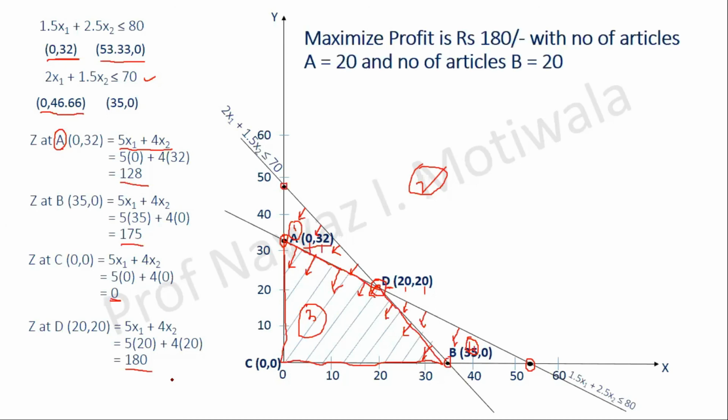My conclusion is that the maximum profit is rupees 180, with number of articles A as 20, because I have assumed x1 as the number of articles A, and number of articles B is equal to 20 because I have assumed B as my x2. We got the answers for x1 and x2 as 20, and the maximum value of profit is 180 rupees, and this completes our solution.